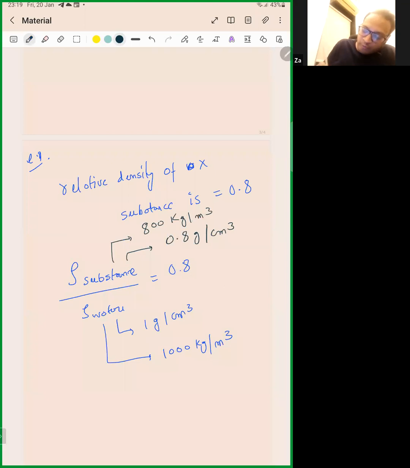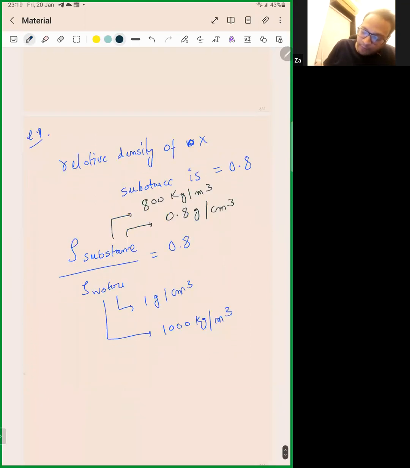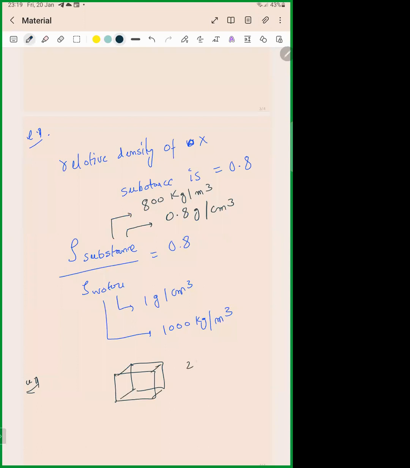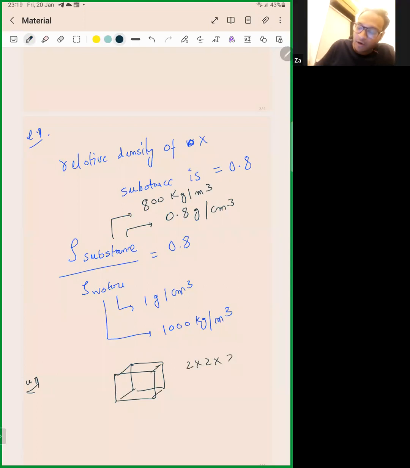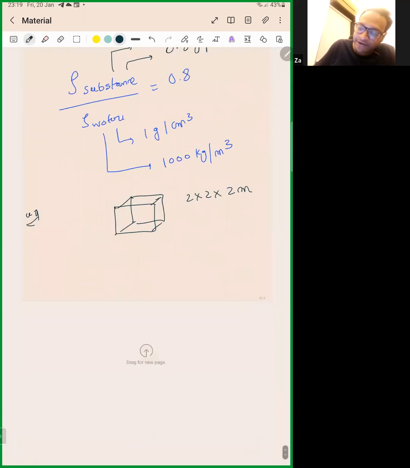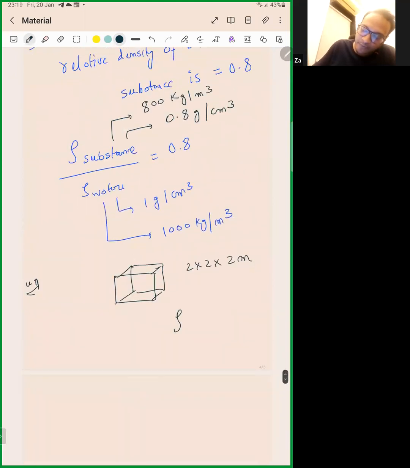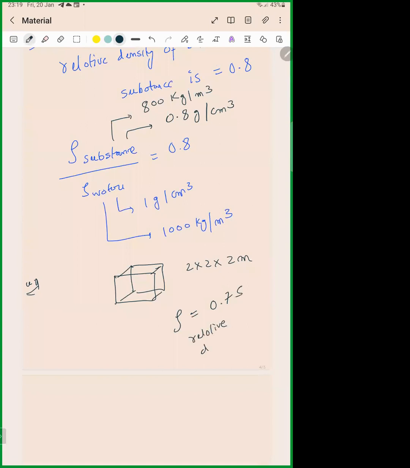Okay. So my question goes like this. You have a cube, and this cube is 2 by 2 by 2 meters. This has a relative density of 0.75. You immerse this cube in water.